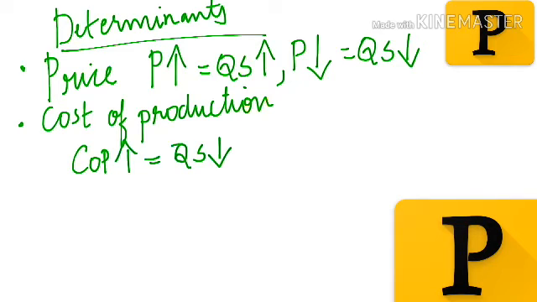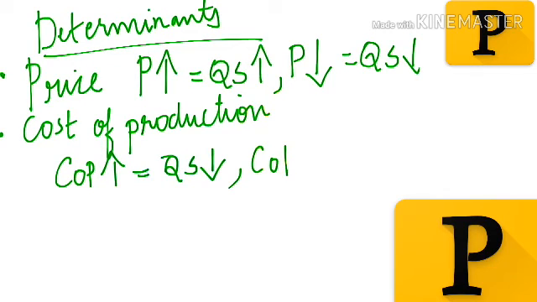So when cost of production increases, quantity supplied comes down, and when cost of production decreases, quantity supplied increases, because the producer is able to produce more goods now. Cost of production can be anything like the rent, the cost of the raw materials, the wages, etc.